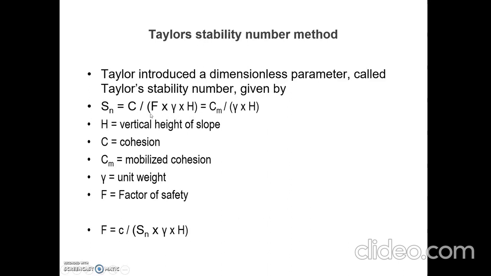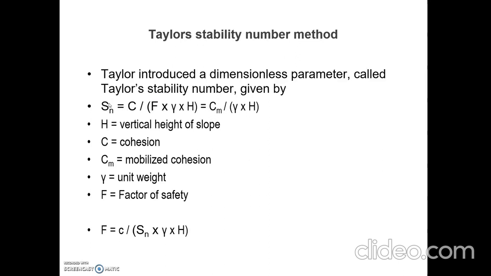But we know that factor of safety due to cohesion, that is Fc, is equal to C divided by Cm. So since factor of safety F is equal to C divided by Cm, we can write C divided by F equal to Cm.